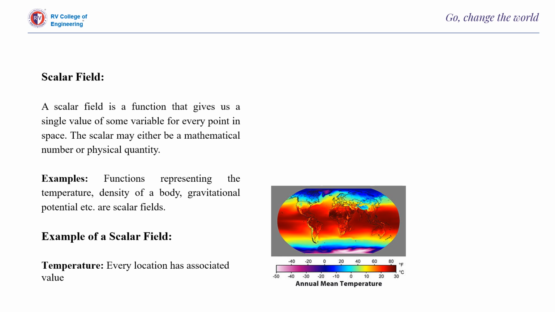As you are observing, every location has an associated value. Colors in the globe map show different surface temperatures. Density of a body and the pressure field are all scalar fields only.